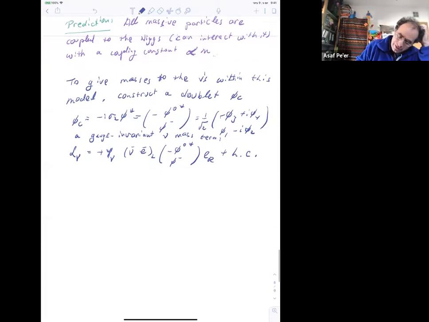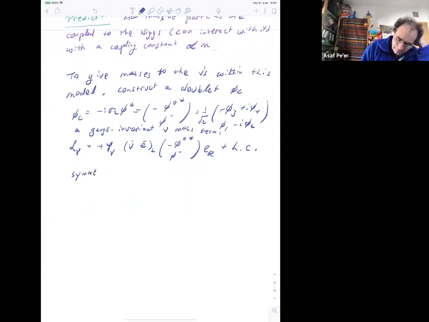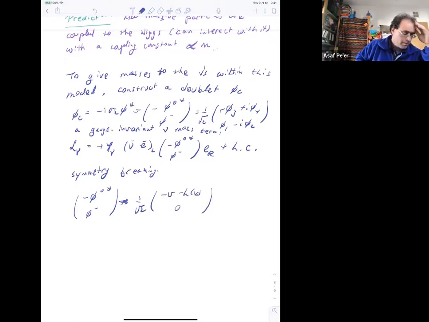Then, of course, after symmetry breaking, we're going to get that the minus phi 0 star and phi minus go to 1 over square root of 2 times (minus v minus H) and 0. So we get essentially similar to what we did with the electrons, just using the conjugate doublet, and that's it. Since the Yukawa couplings are not known and are not predicted by the theory, it's just something which is being measured.